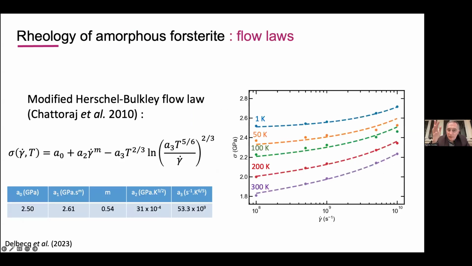Of course, as I said, we are very far in the upper right corner of the plot in terms of stress and strain rate. But what is surprising here is that we have the same kind of mechanisms. If we extrapolate the results from molecular dynamics to the same level as the experiments, there is a small offset.